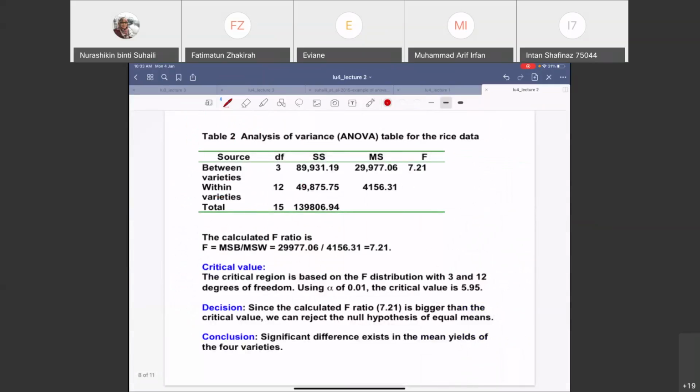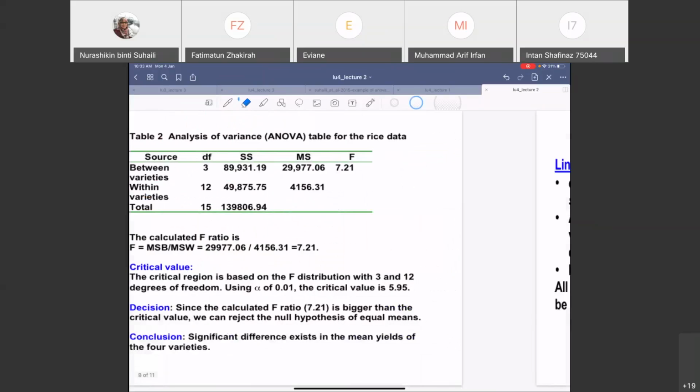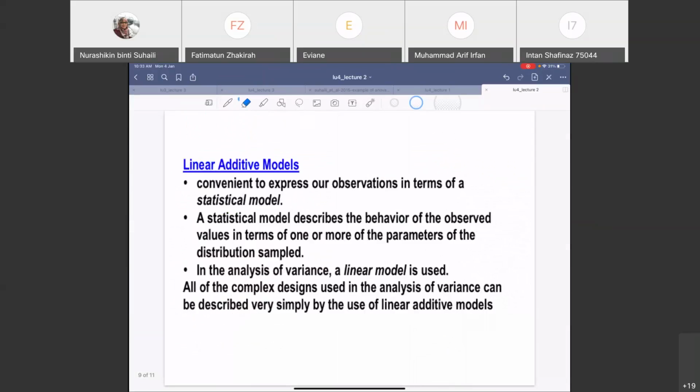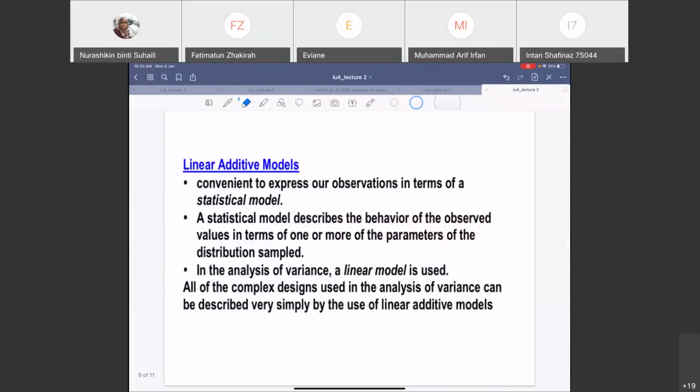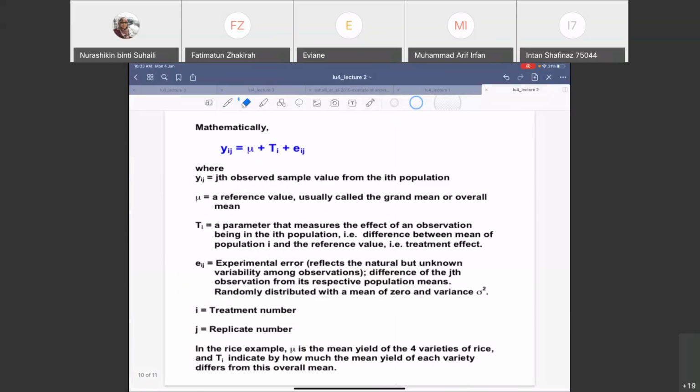Alright, so this one we have covered. But it comes back here. The most important thing is this one: linear additive models. You now already know what the output or response is.